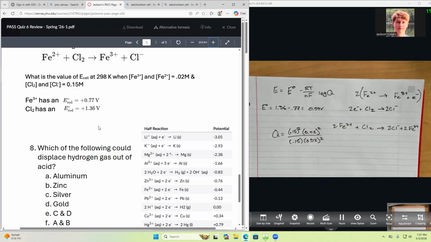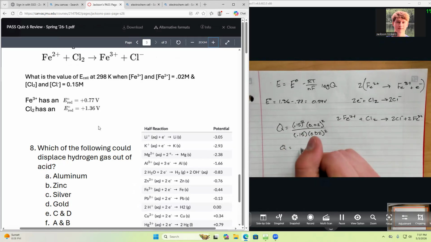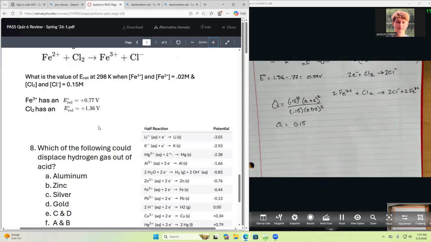We're good with that part, products over reactants. Cool. So Q ends up being a nice number, 0.15, once you do all that math.